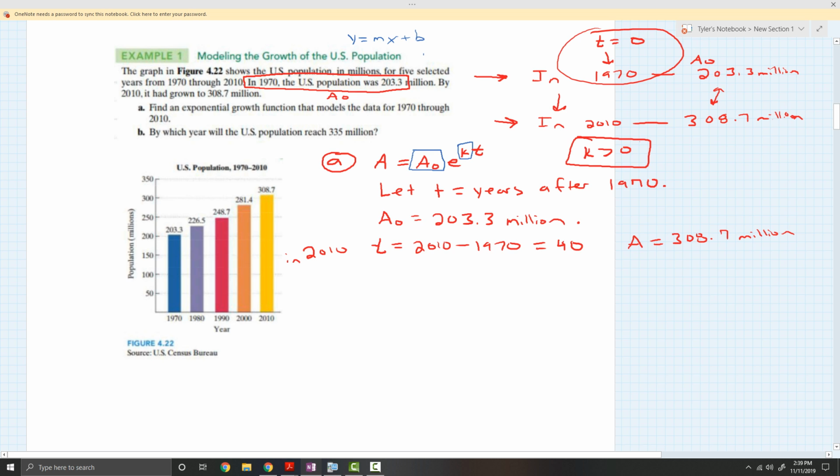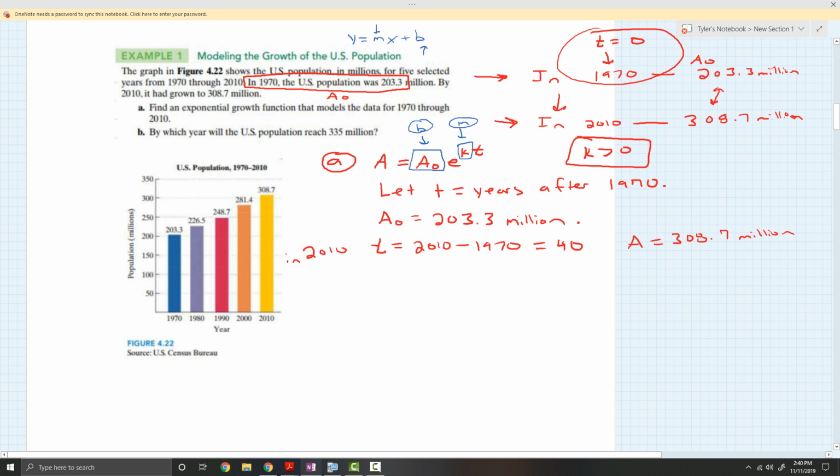This b value is like my starting value. That's similar to A sub naught. And m is my rate of change. That's kind of like k. So we kind of have some similarities between a linear function and an exponential function.